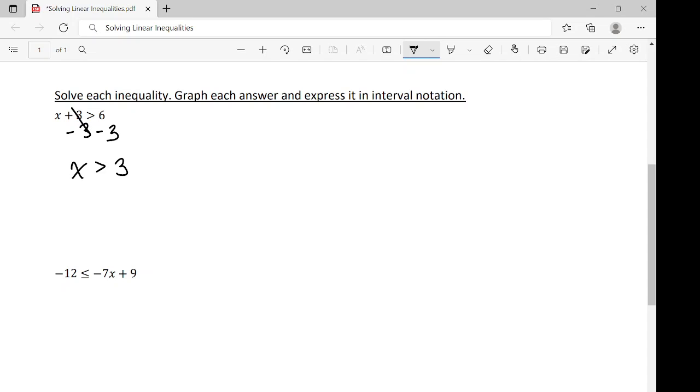But we also need to graph it, and graphing is pretty easy. All you need to do is just draw a line and put 3 right in the middle. Since this is a greater than sign, and greater than is essentially like an arrow, we're going to go from 3 to the right.